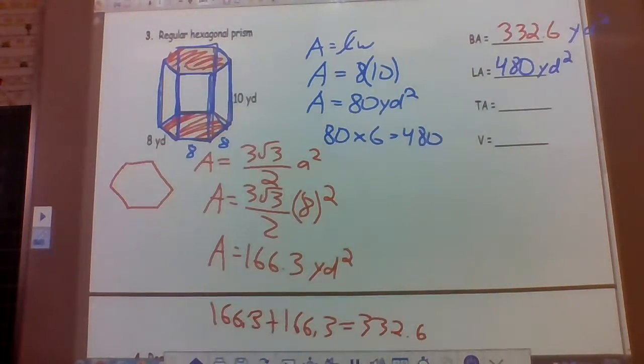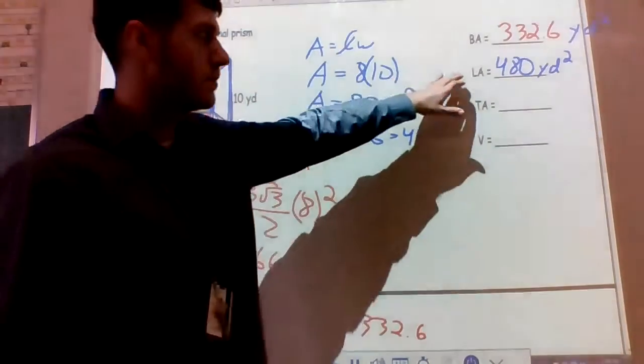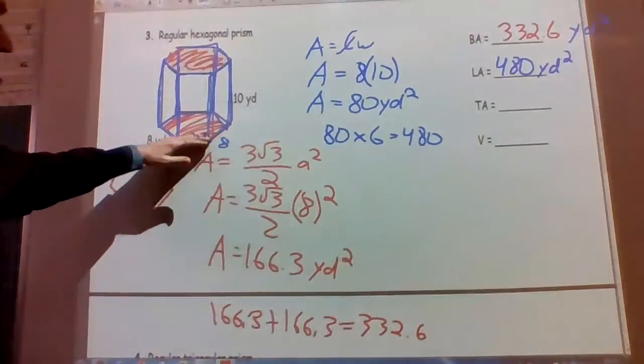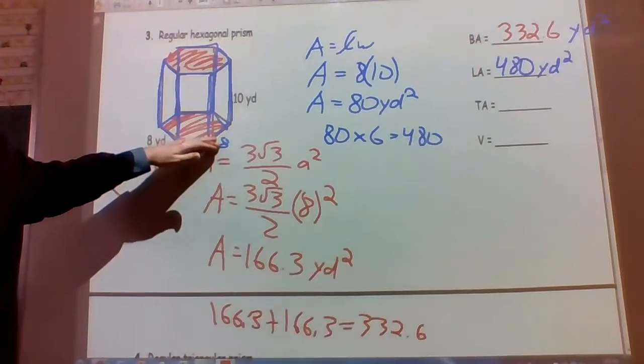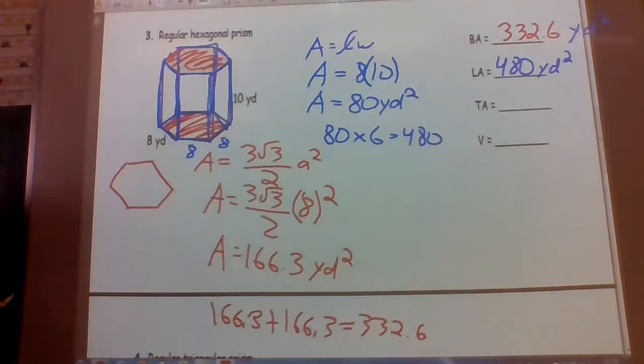Which means our total area is the 6 lateral sides, which is 480. We add that to the base area, the area of the 2 hexagons. So 332.6 plus 480.